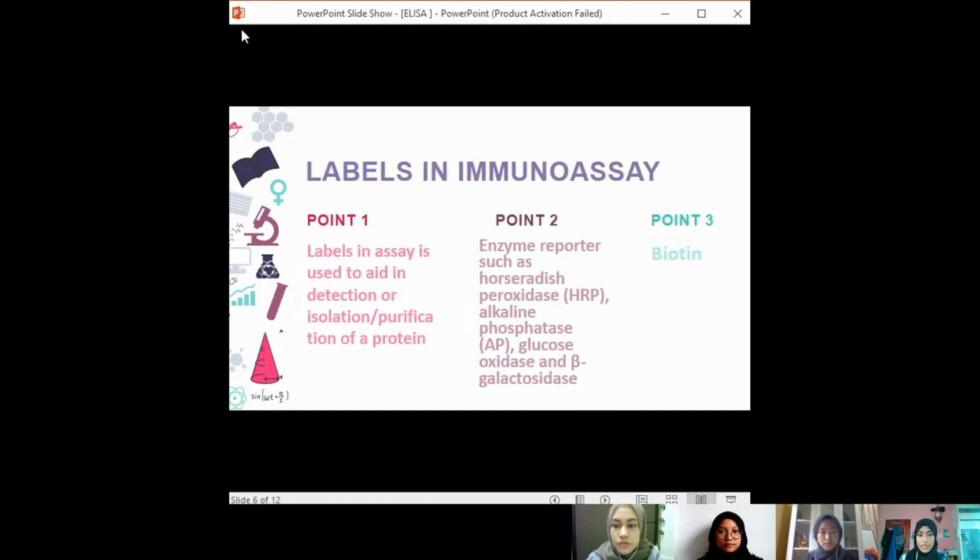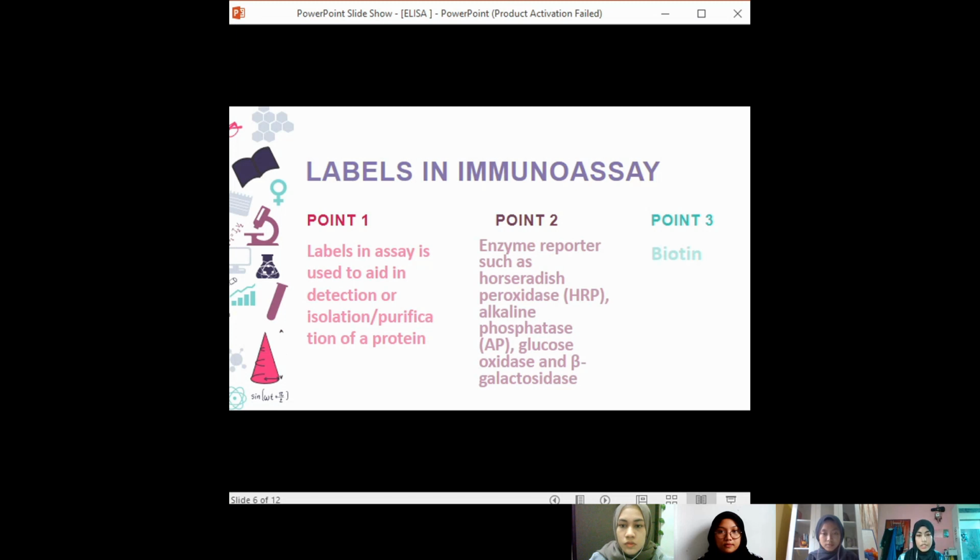What is meant by labels in immunoassay? Labels in an assay are used to aid in detection, isolation, or even purification of a protein such as an antigen or antibody. The labels usually used in ELISA immunoassay are reporter enzymes such as horseradish peroxidase (HRP), alkaline phosphatase (AP), glucose oxidase, and beta-galactosidase. Enzyme reporters are also larger than biotin, however, they rarely disrupt antibody function.